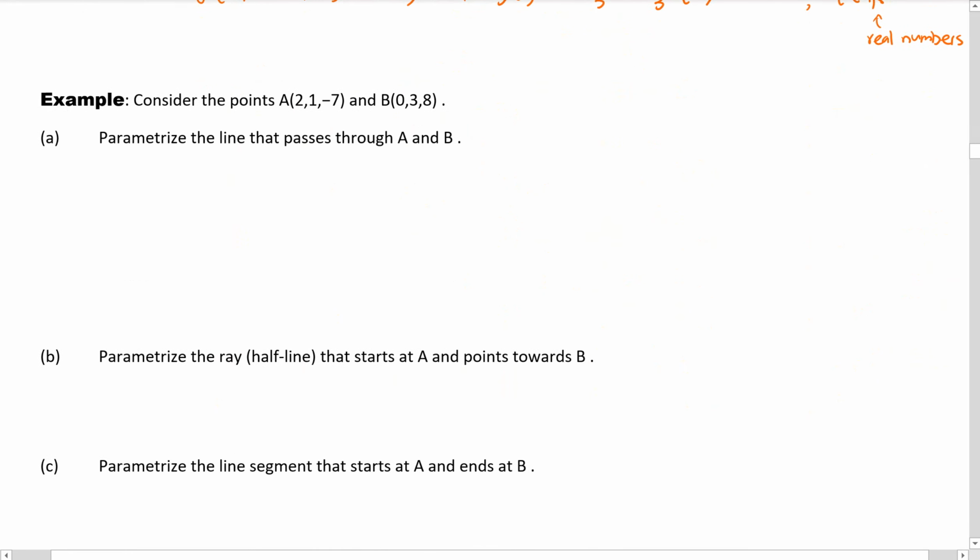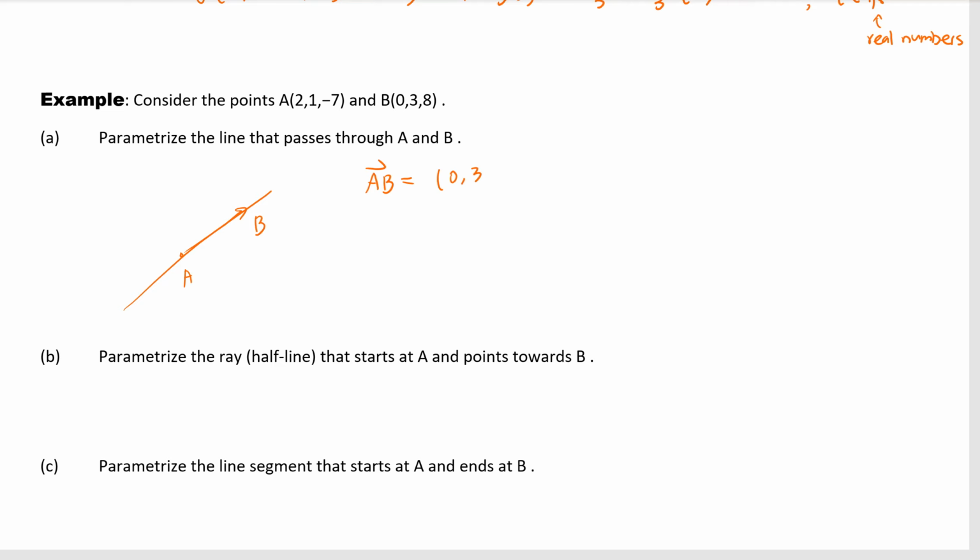Consider we have two points, A = (2, 1, -7) and B = (0, 3, 8). Parameterize the line passing through A and B. We can pick any point to be our starting point P, and for the direction we can just pick AB. What is AB? Let me do it slowly.